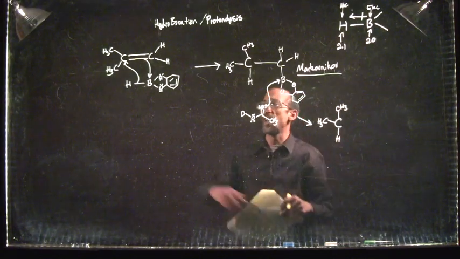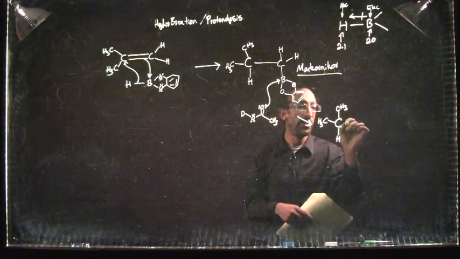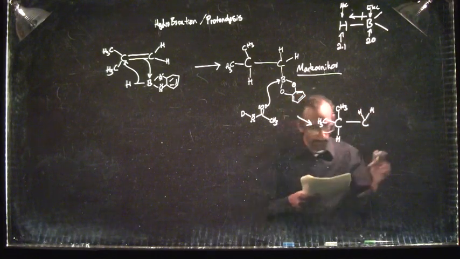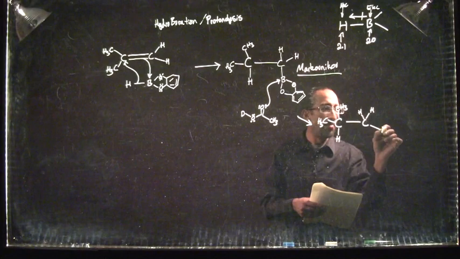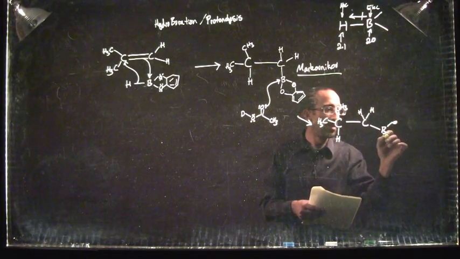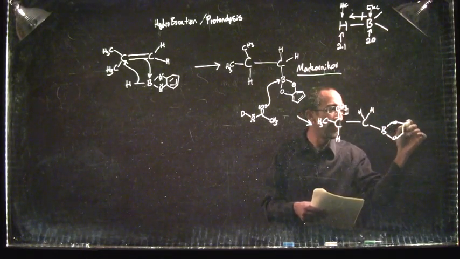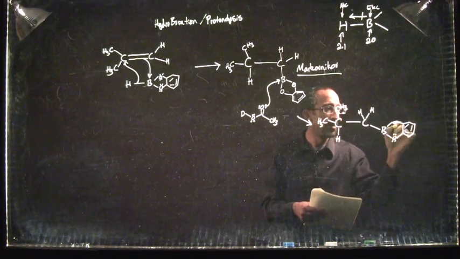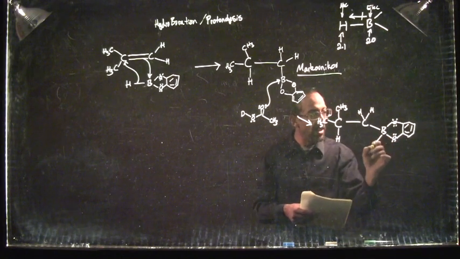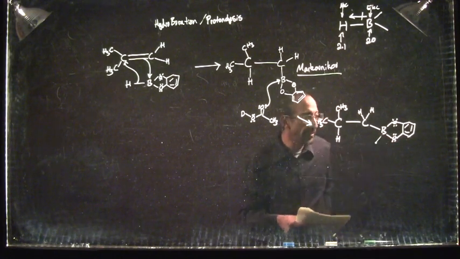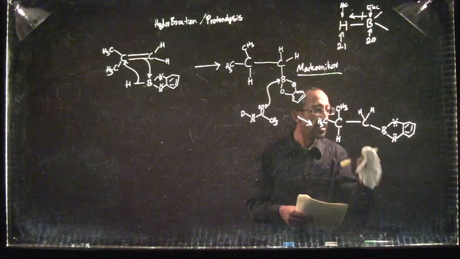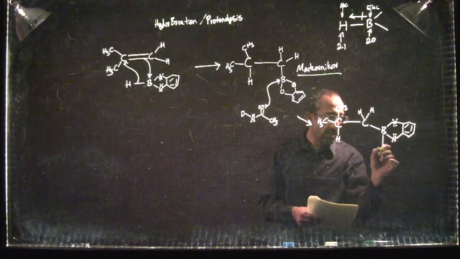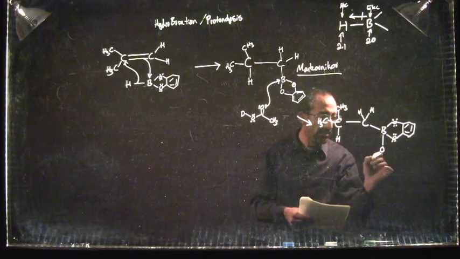So this is the hydrogen we added during hydroboration. Here now is our other alkene carbon. Here is our boron from our catechol borane. And we have now made a bond between this boron atom and the carbonyl oxygen.